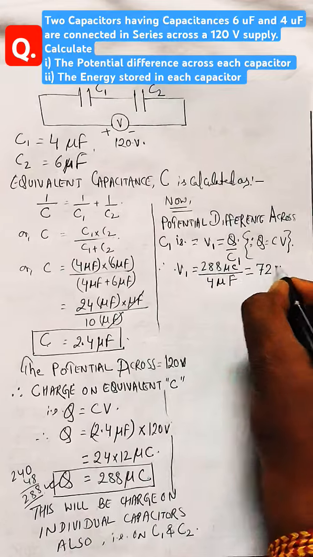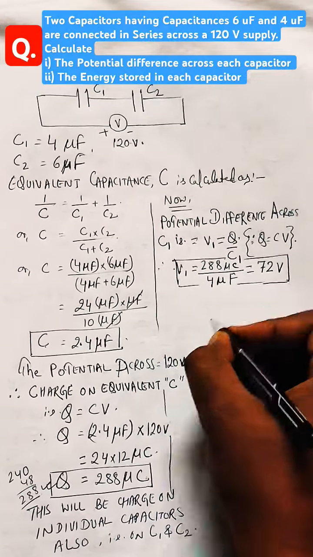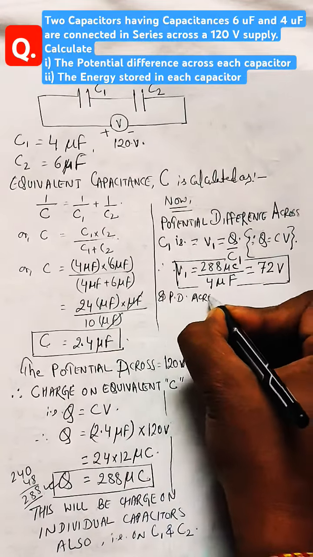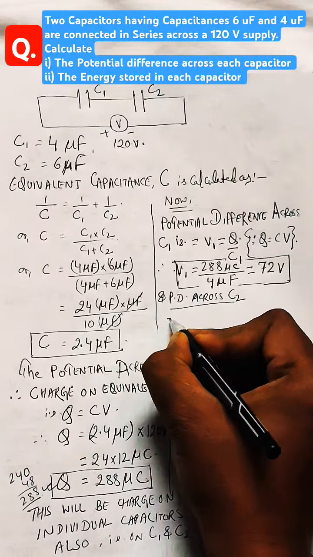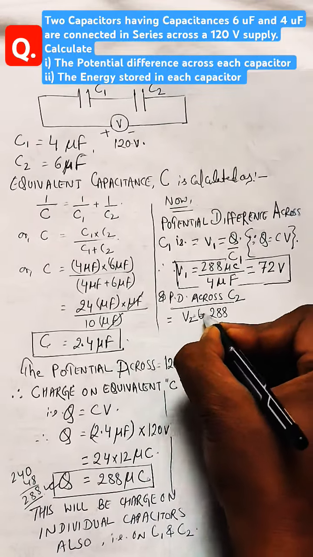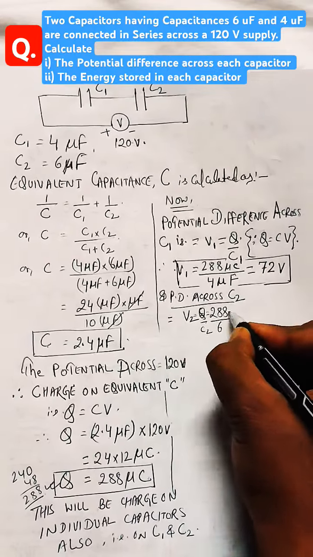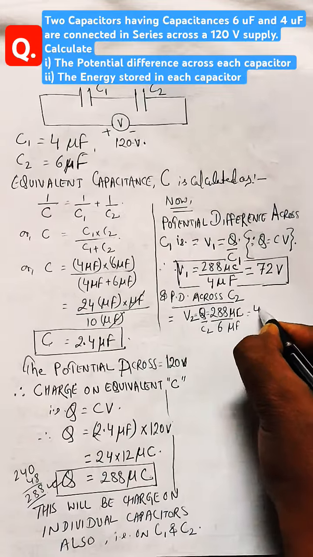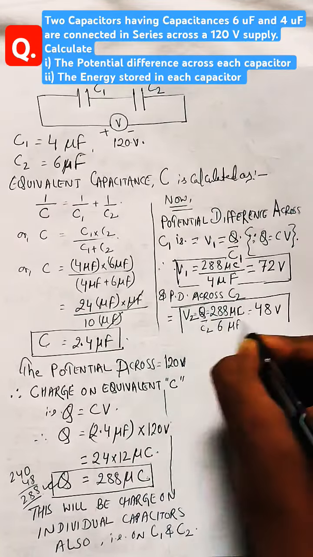This will come as 72 volt. Similarly, the potential difference across C2 is Q by C2. So Q is the 288 microcoulomb which we have calculated, divided by 6 microfarad. This will give you 48 volt.